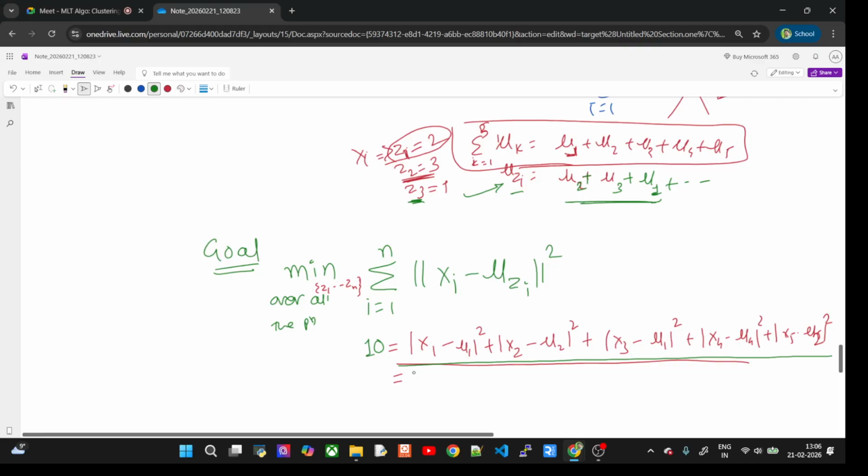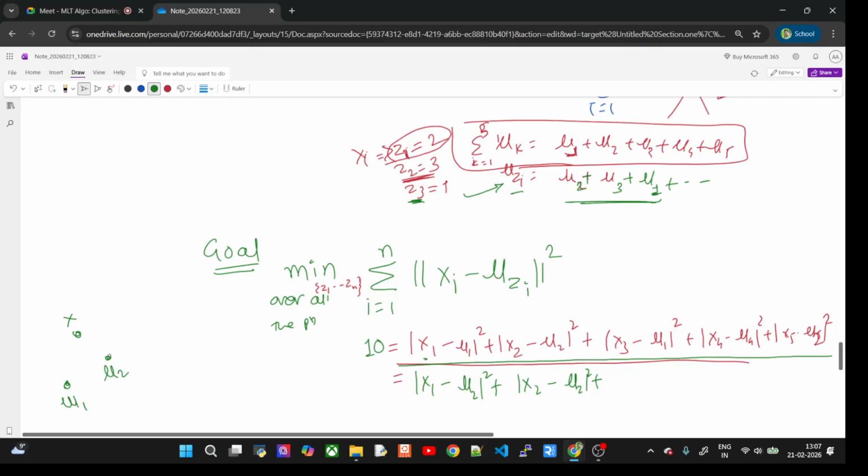Next time you say, let me also check x1 minus mu2 square, x2 minus mu2 square. Here x1 is, and here is your mu1 and your mu2.